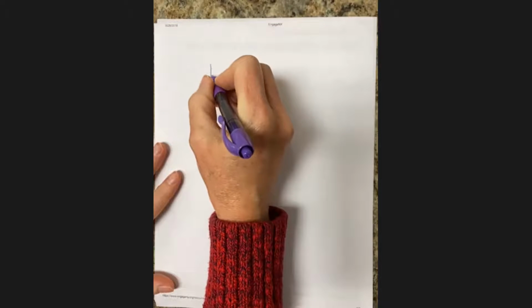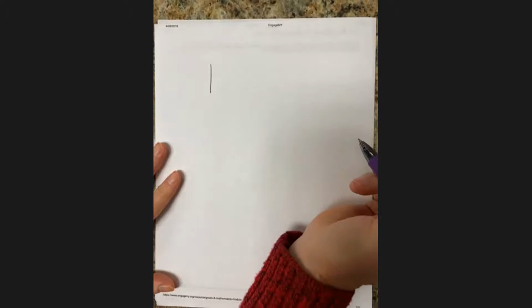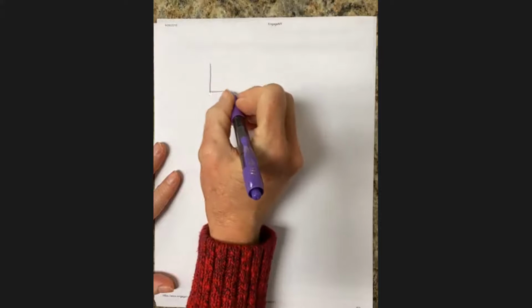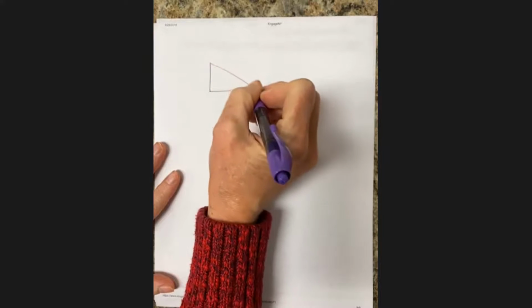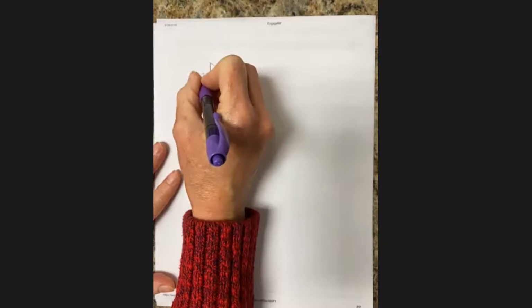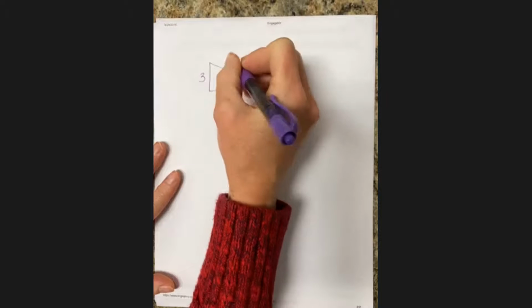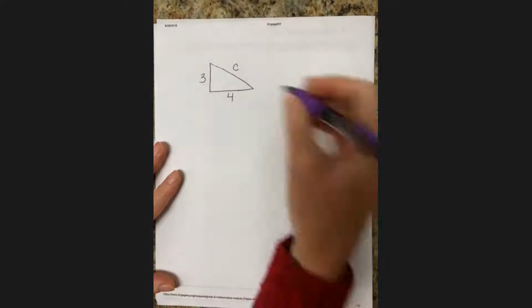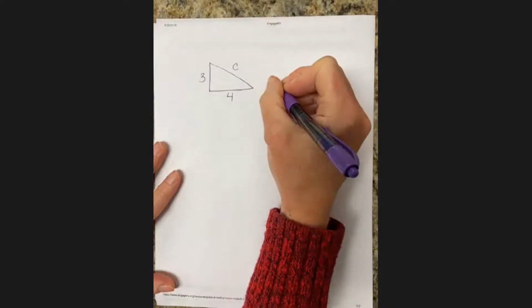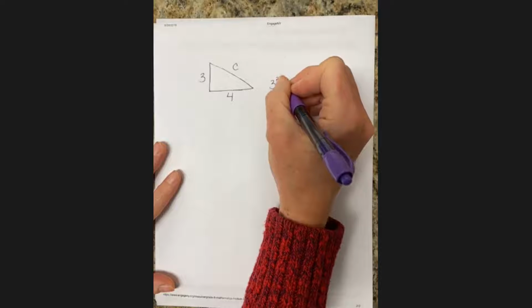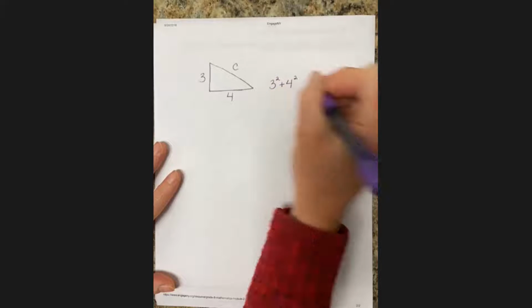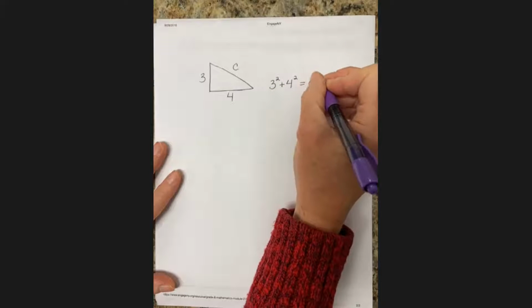First mistake I saw, I'm just going to do it and I want you guys to tell me what I did wrong. So I've got this triangle here and let's have it be 3 and 4 and C. So I know that 3 squared plus 4 squared equals C squared.